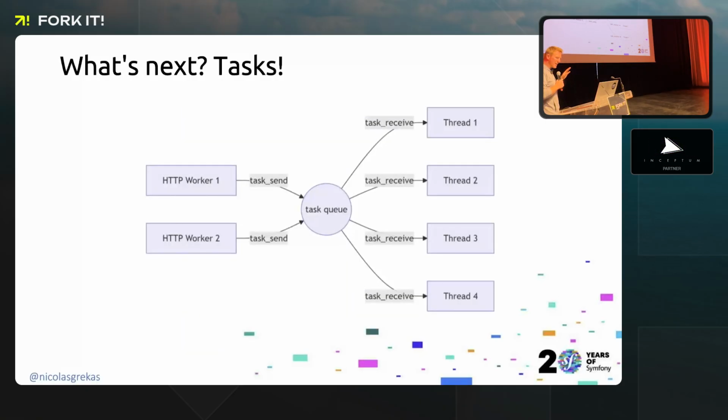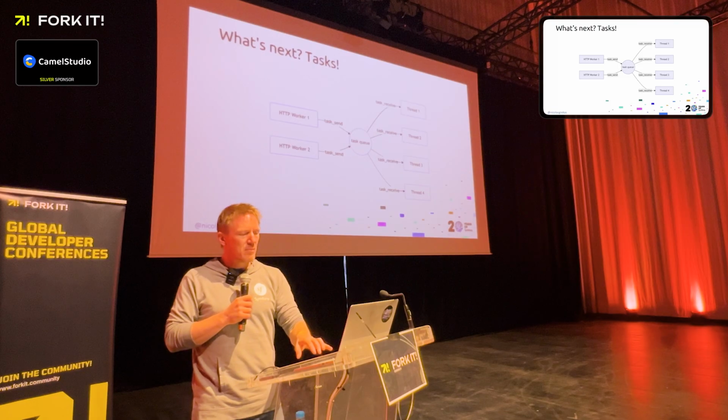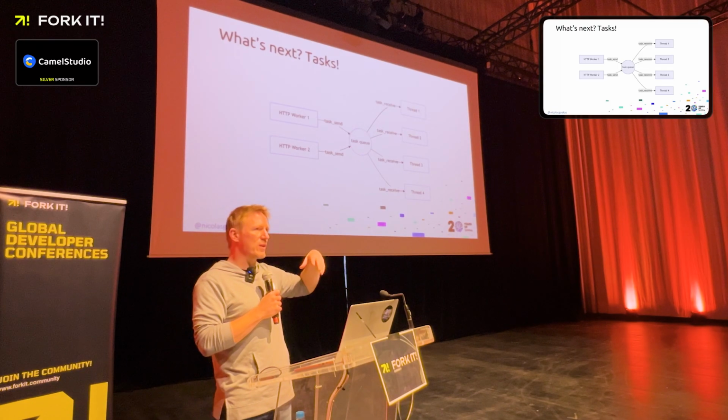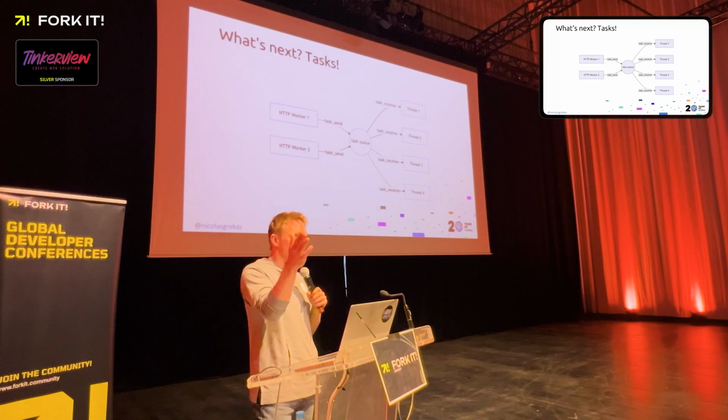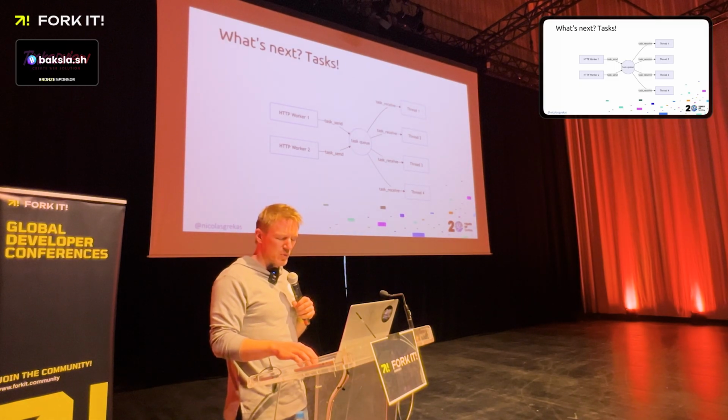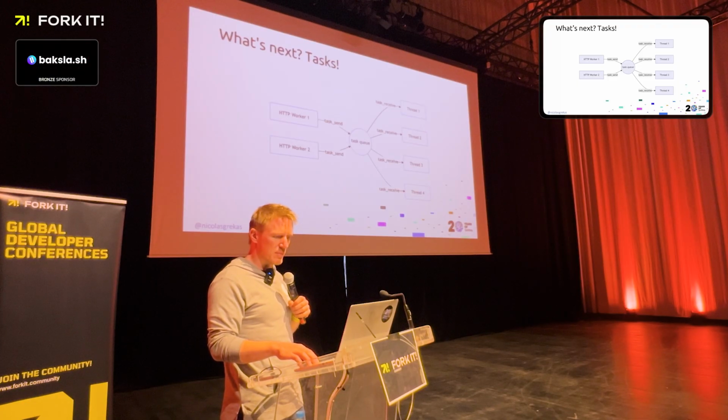Another stuff with the same API, just a different graph to explain the concept. You would have HTTP workers that send tasks to a task queue, and then you could have many threads that listen to the same kind of task, and they all manage, I don't know, image resizing or whatever you want. And if you have 4 workers, they could do that and use all CPUs to saturate your machine, your container.